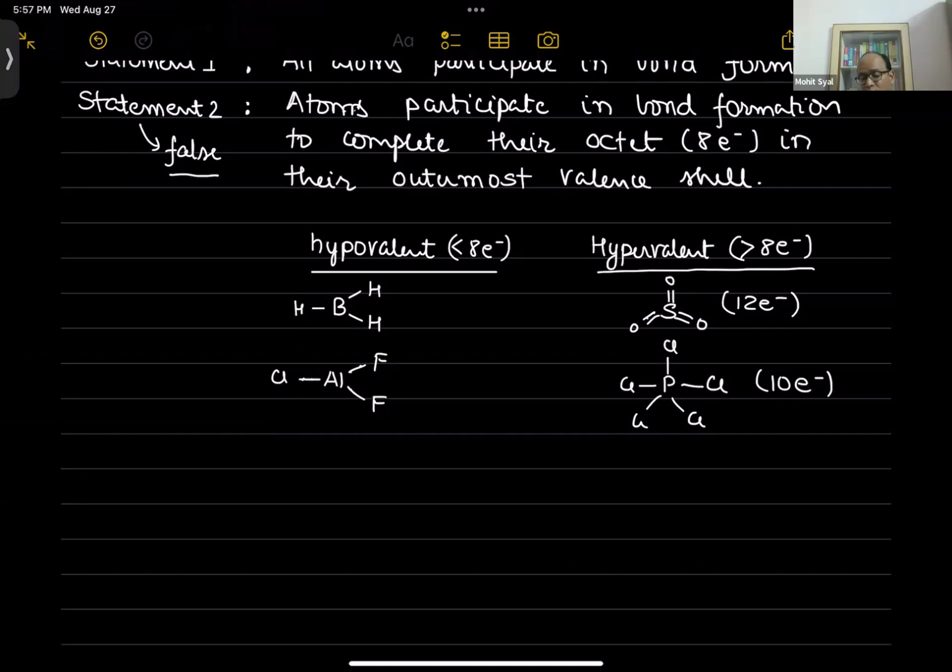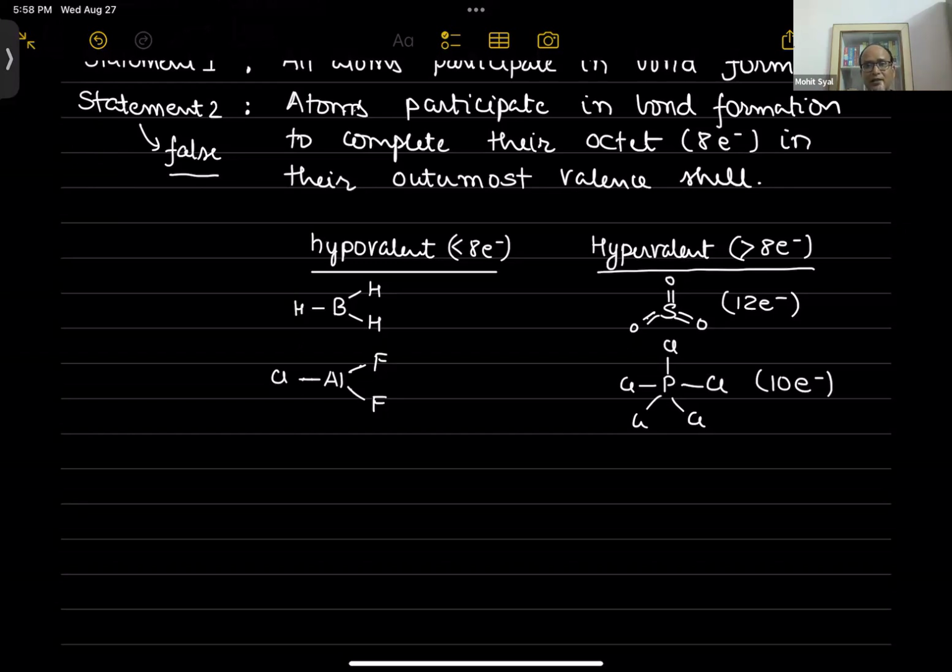So one thing is sure: octet completion is not the sole criteria for chemical bond formation. Is this clear to everyone? Yes, sir.